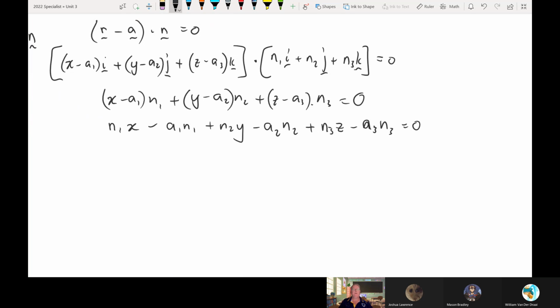Looking a bit long and involved, but if you think about what we're trying to achieve, we're trying to write a formula in Cartesian form. A formula in Cartesian form has x, y, and z in it, because it's three-dimensional. So I want an equation with x, y, and z, and we're going to put all the x, y, and z terms on one side of the equation, and all the constants on the other.